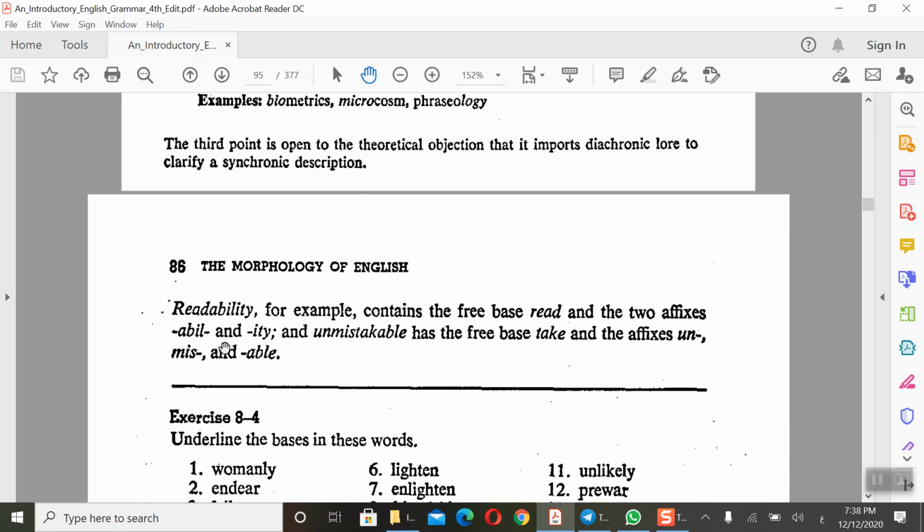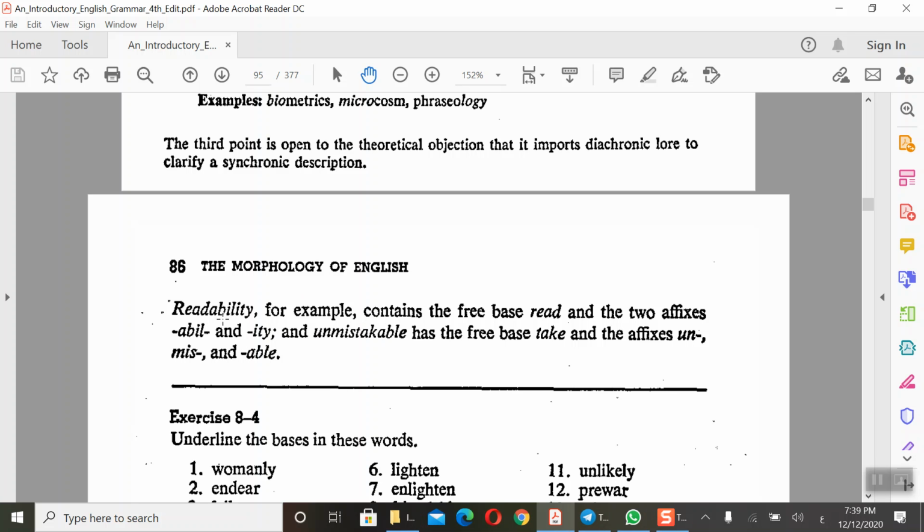Here we have an example, readability. If we want to analyze this word, readability, it has more than one morpheme, two or three morphemes. For example, it contains the free base, which is what? Read. Read is the free base. We talked about it.